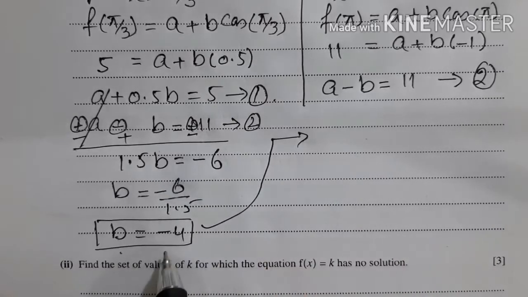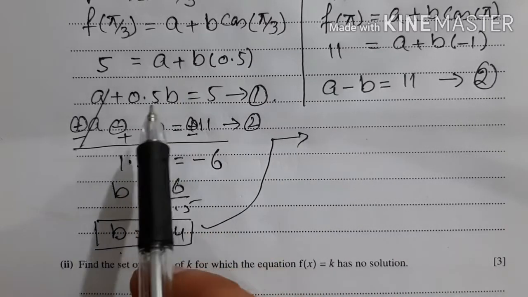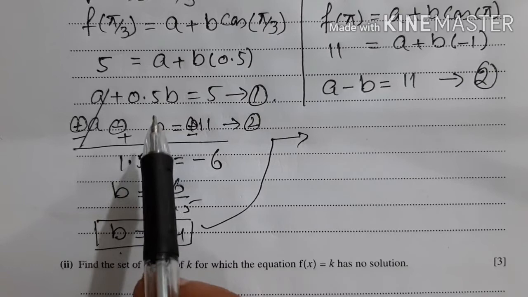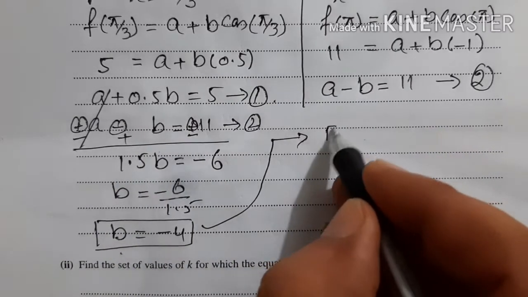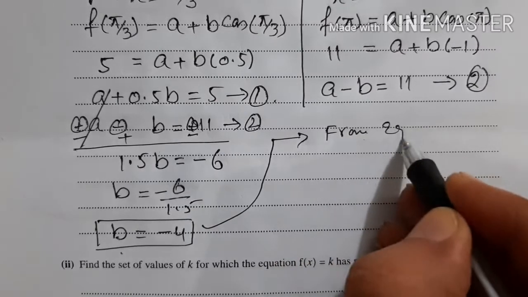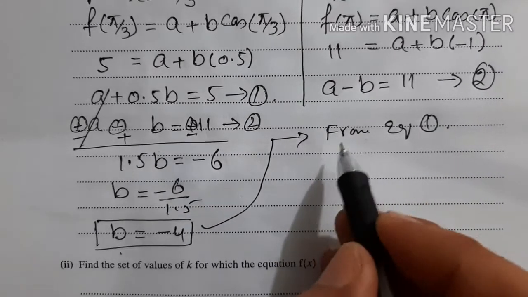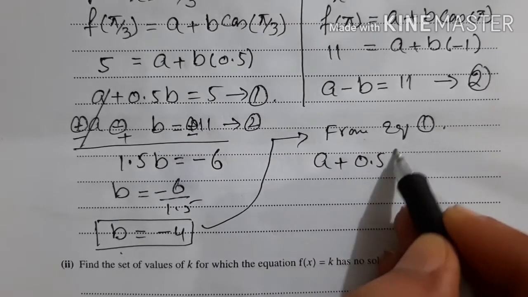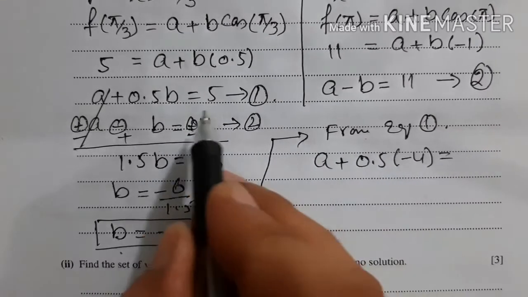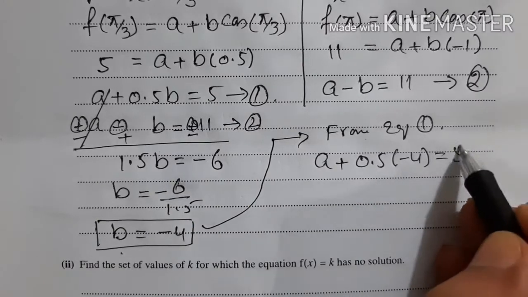Okay. I'll put the value of b in the first equation to get the value of a. So from equation 1, a plus 0.5 into minus 4, because b is minus 4, is equal to 5.